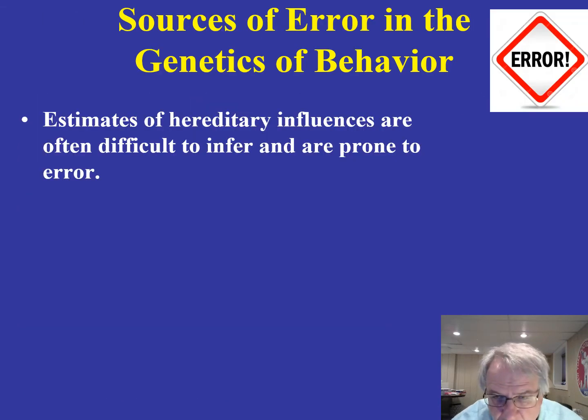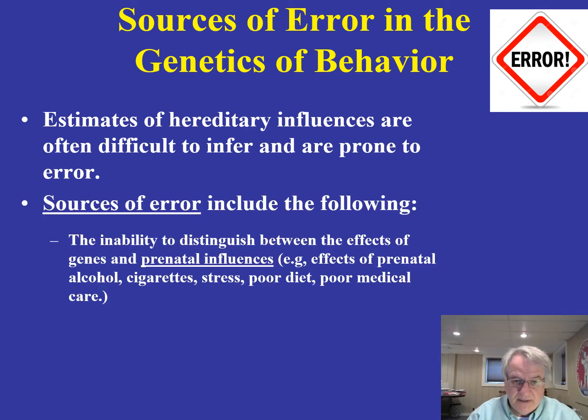Now, when we talk about sources of error in our studies of the genetics of behavior, sometimes what we think is an underlying genetic influence, hereditary influence, really isn't. And we have to really be very careful in terms of making conclusions about what we think is a genetic influence when in fact it really is not.